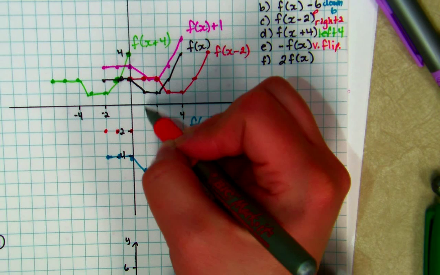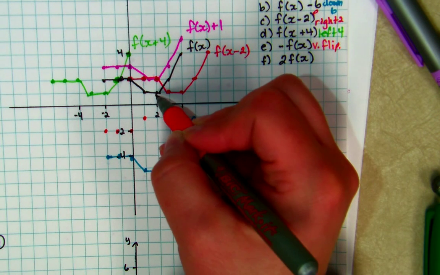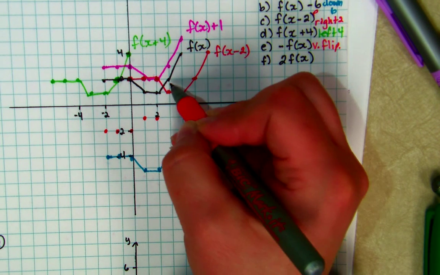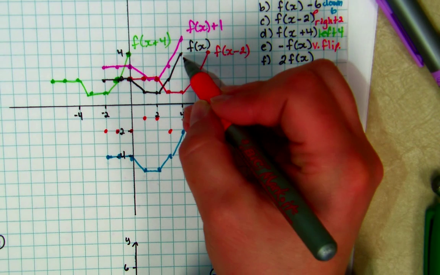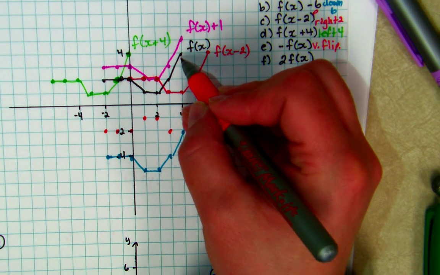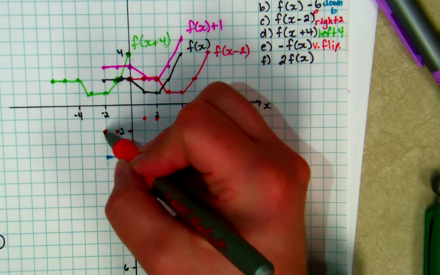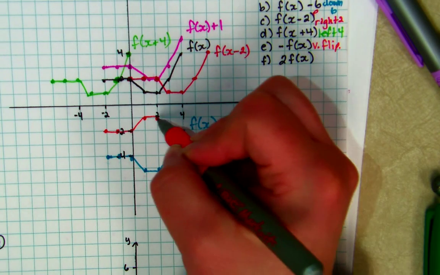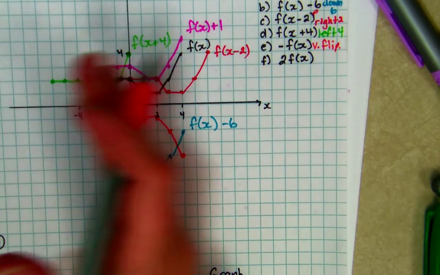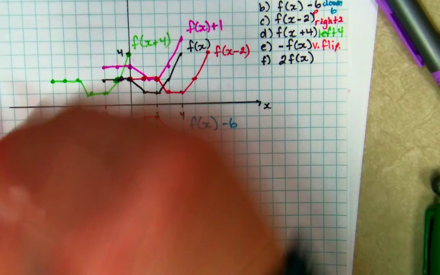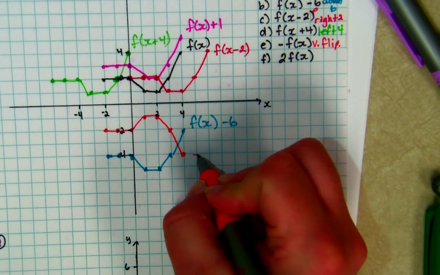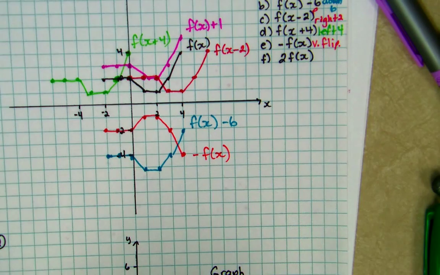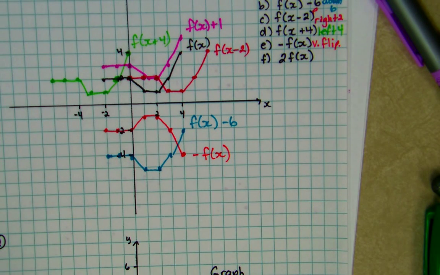This one is at positive 1, so it's going to go to negative 1. This one still was at positive 1. This one was at positive 2, so it's going to go to negative 2. This point had a height of positive 4, so it's going to go to negative 4. Because I'm flipping it upside down, I'm not changing the horizontal location. I'm just flipping it, or working with the heights. So this one is -f(x), because a negative in front flips it upside down.